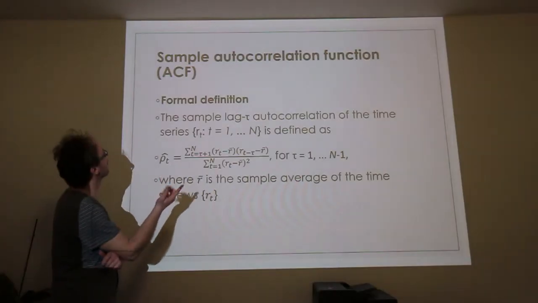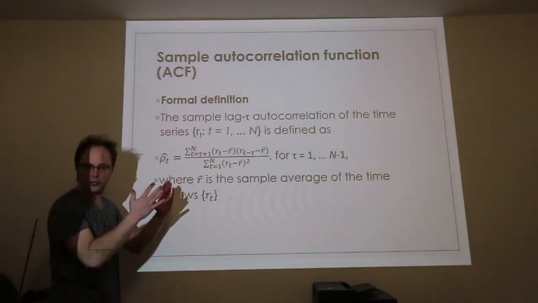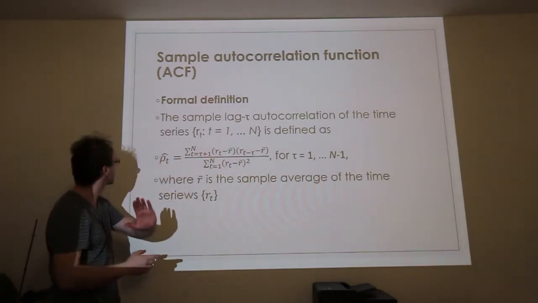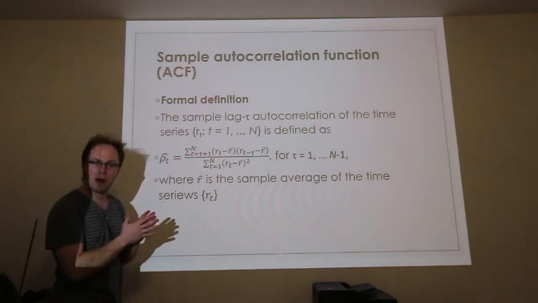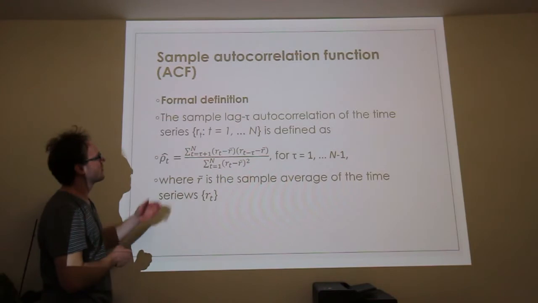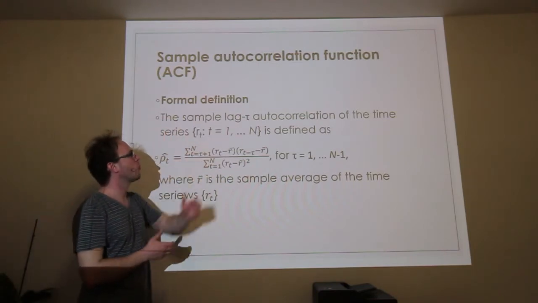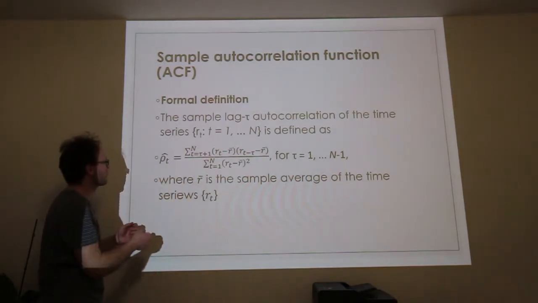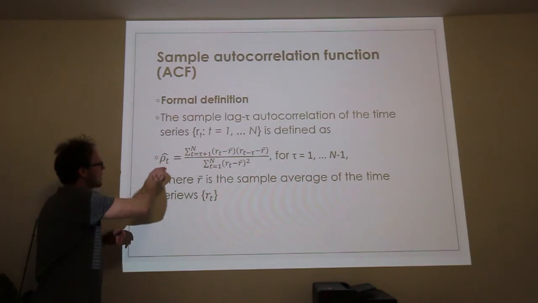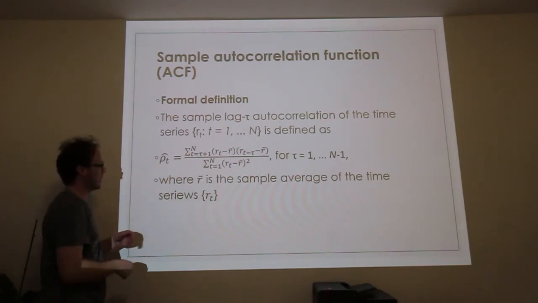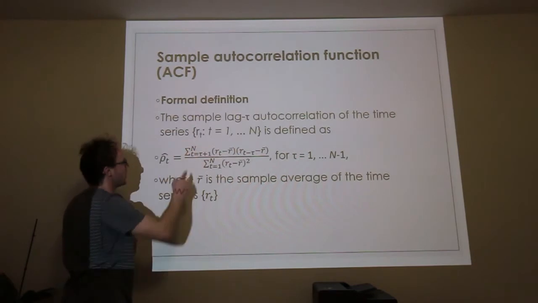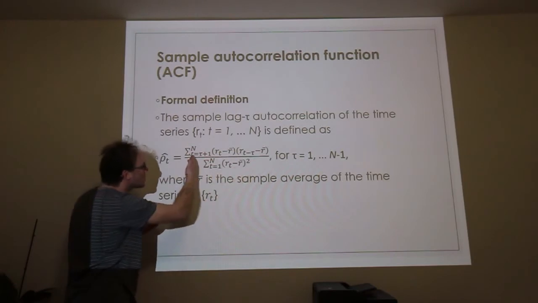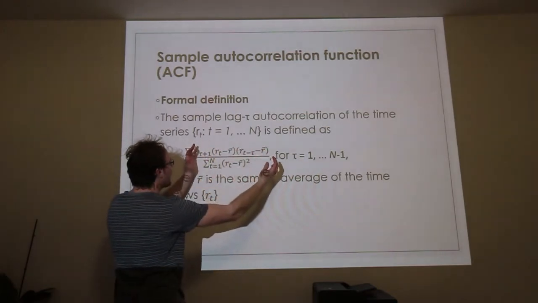We can move to the sample autocorrelation function, which can be denoted ACF, autocorrelation function. We have here the formal definition: the sample lag tau autocorrelation of the time series is defined according to this formula. You can see that there is the estimate of rho at lag tau, and this is equal to summation through all t of a multiplication.